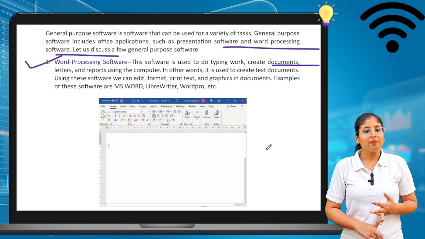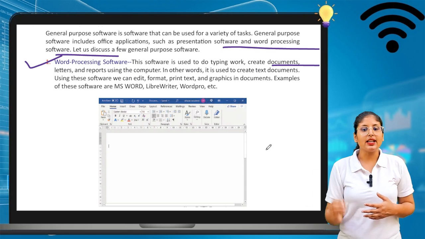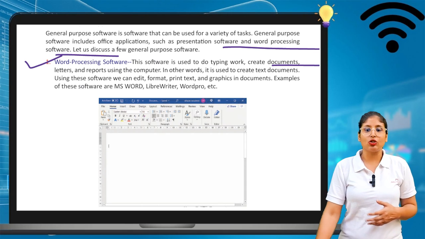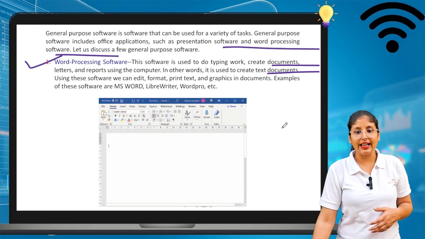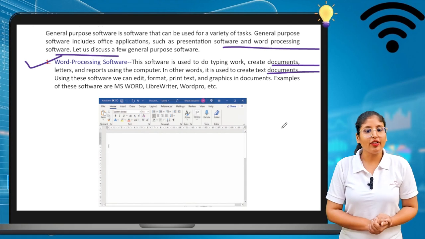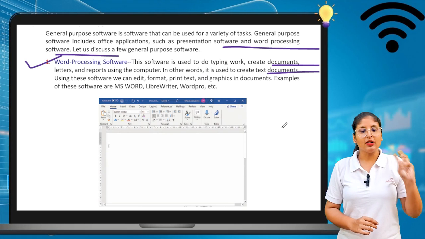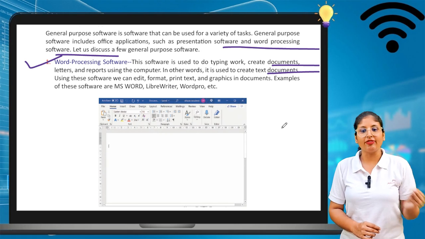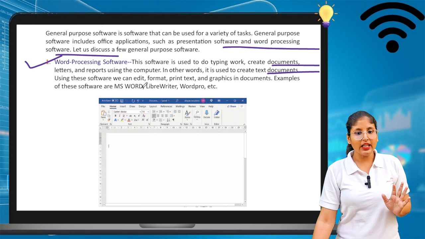In other words, it is used to create text documents. Using this software, we can edit, format, and print text and graphics in documents.